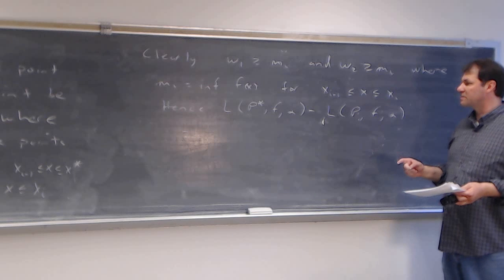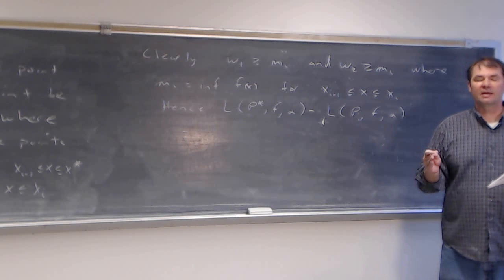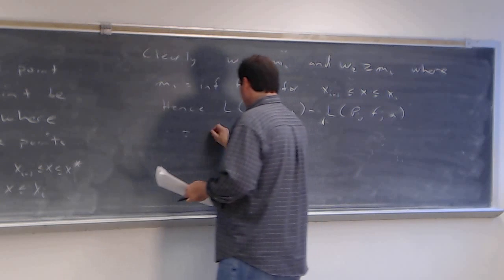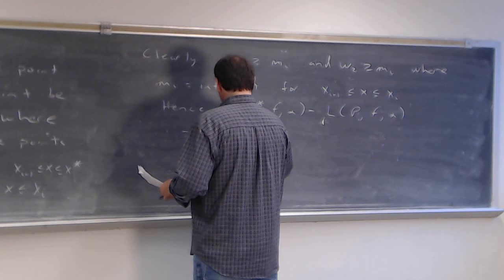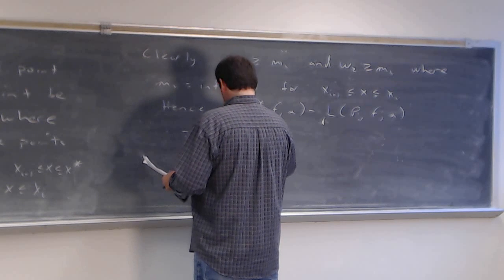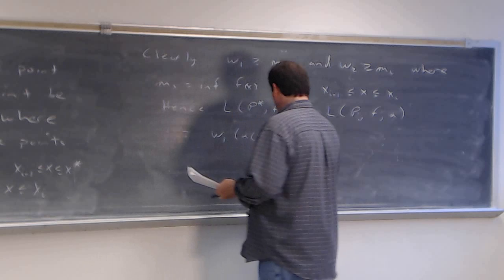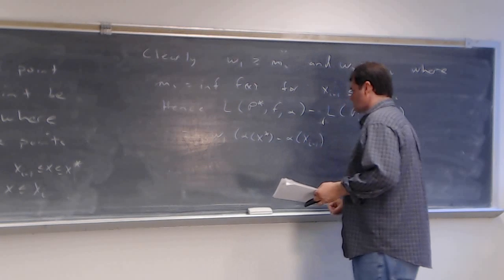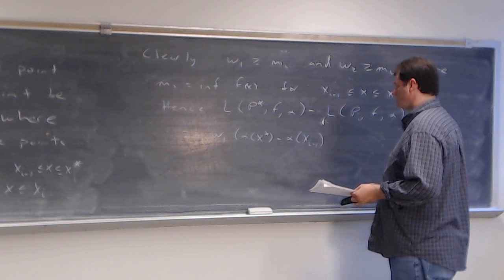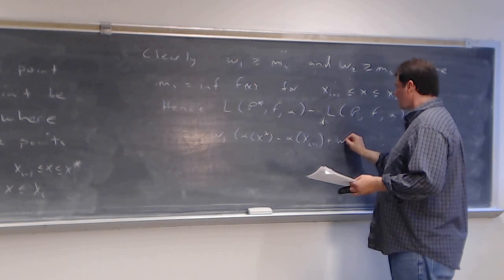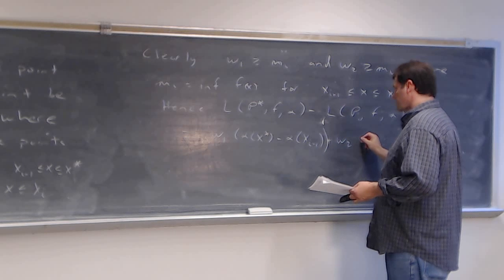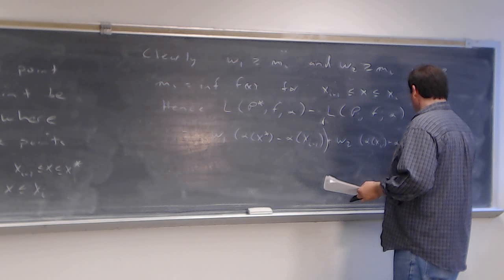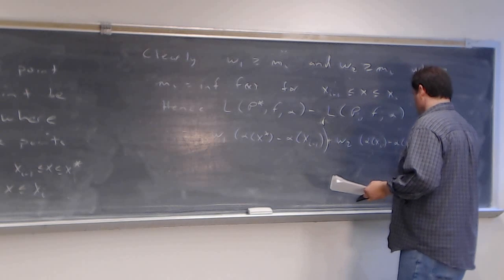The only time that they're not the same is when we're looking at that interval from x sub I minus 1 up to x sub I. And so in that situation, what you're going to have is w sub 1 times alpha x star minus alpha x sub I minus 1, and then plus w sub 2 times alpha x sub I minus alpha of x star. Okay, that's what we have.